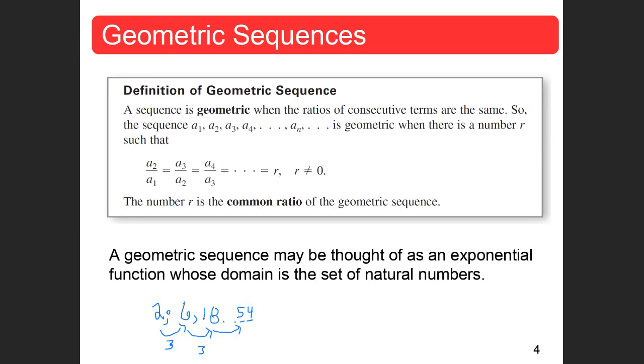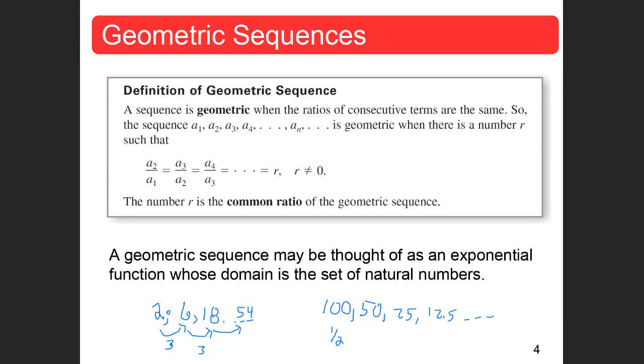We're multiplying the first term to get the next term, and the next term, and the next term. A geometric sequence could go down. I could start with 100, 50, 25, 12.5, dot, dot, dot. What am I doing here? Well, I'm multiplying by 1/2.